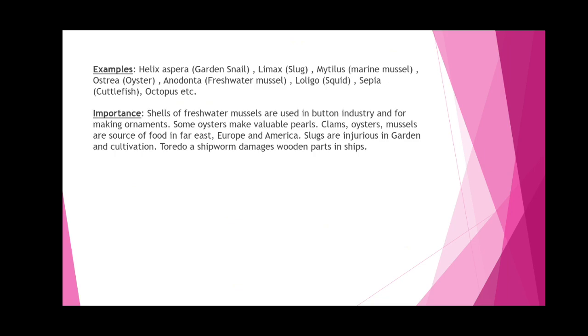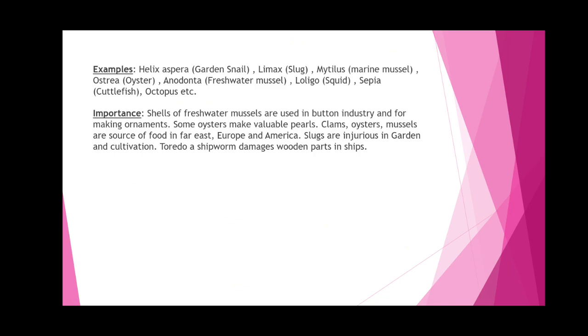The examples of these organisms are garden snail, which is the terrestrial form, slug, mytilus, which is the marine mussel, oysters, freshwater mussels, loligo or squid, sepia, cuttlefish, and octopus.